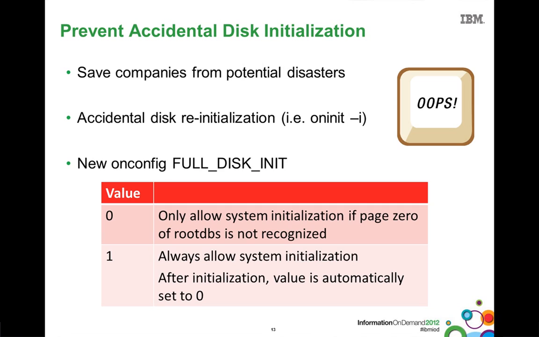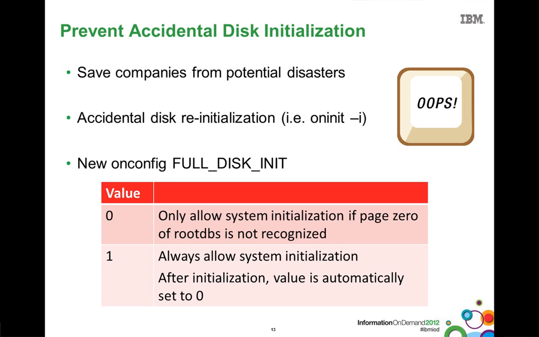As soon as you initialize your system and you write the new markings, and Informix is brought up, we will set that parameter to 0. So that parameter will be set to 0 after an oninit -iy, after the system's been initialized, thus preventing an accidental disk reinitialization.